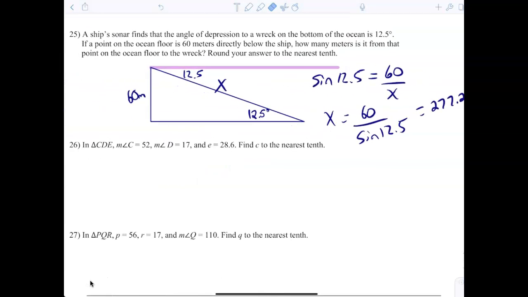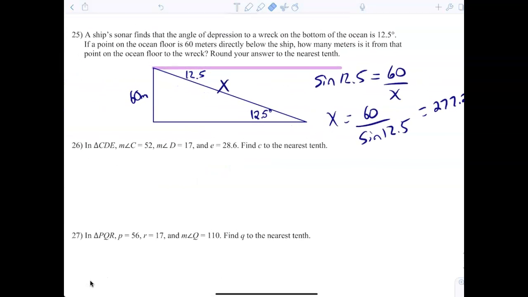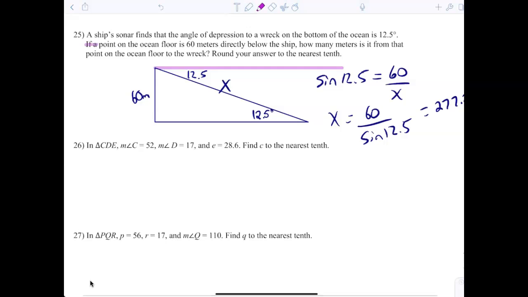Why is it tangent? Okay, let me see what it says. Thank you, girls. Let's see if I'm wrong. I doubt it. If a point on the ocean floor is 60 meters directly below the ship, how many meters is it from that point? Not from the ship. Thank you, girls. You are correct.